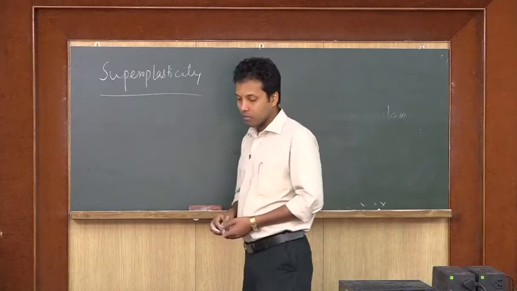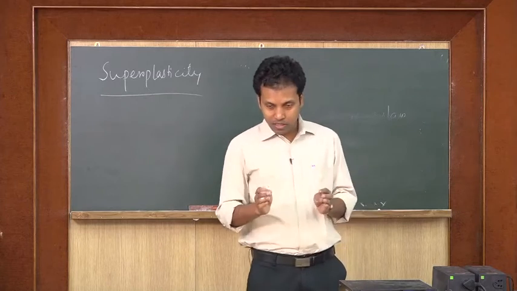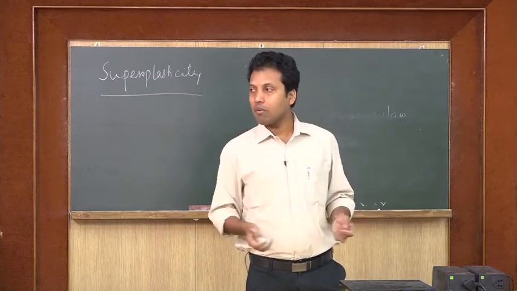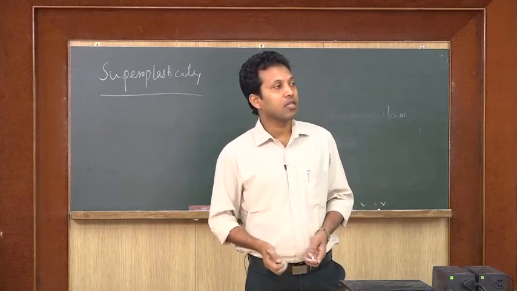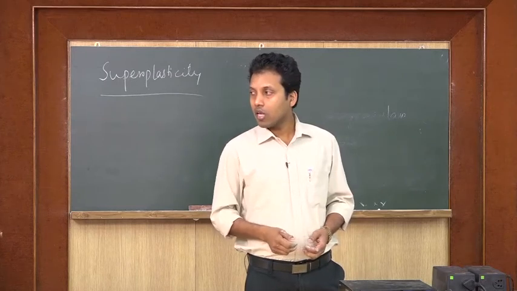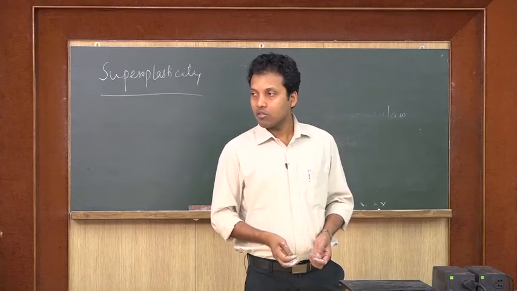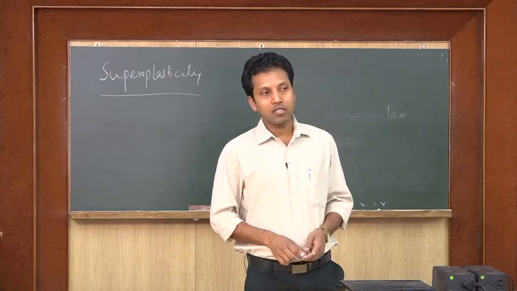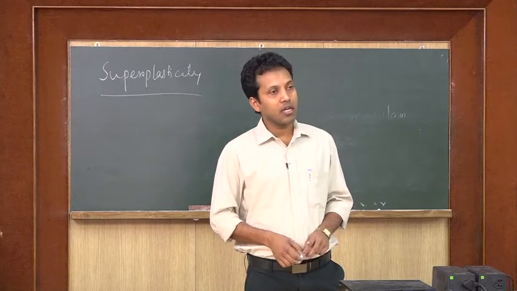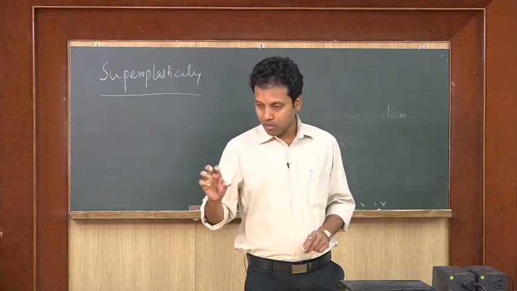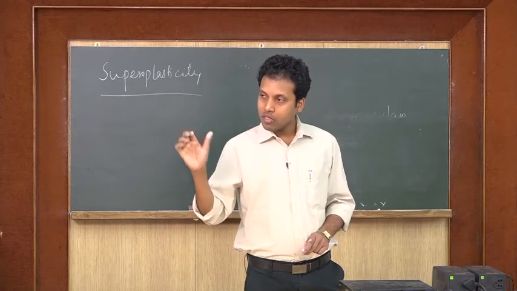So, superplasticity means plasticity is higher. How much higher is it? Sometimes we get about 1000% also. Try to imagine 1000%. If it is 100% strain to a material, that means a 10 mm gauge length has become 20, and 1000% is much more.